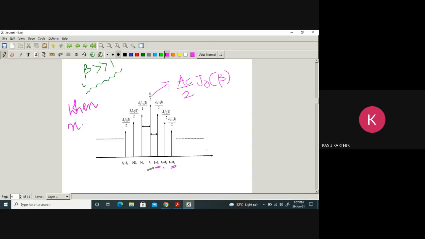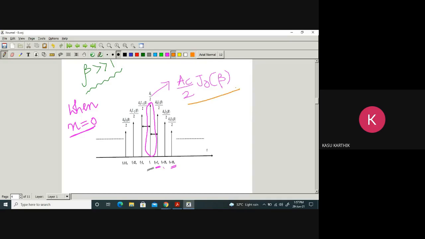When n equal to 0, we have the carrier component at Fc, whose value is Ac by 2 J naught beta.